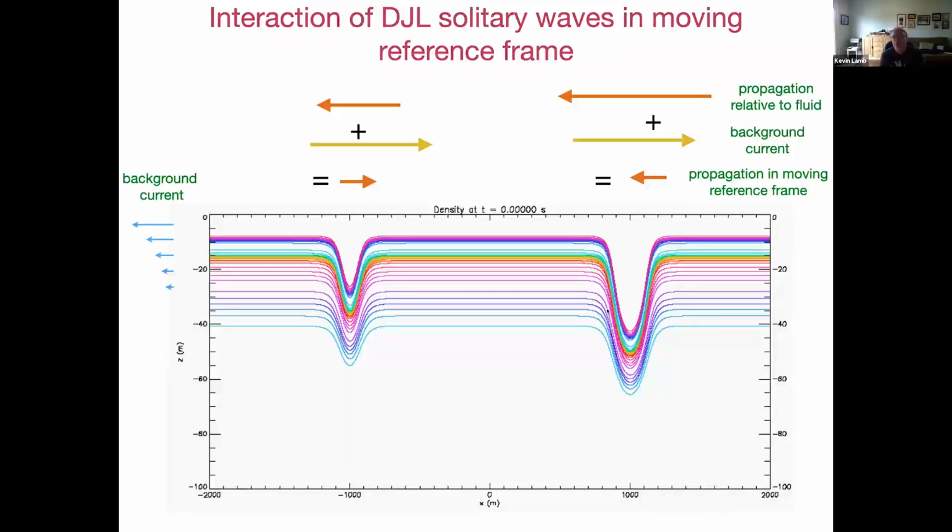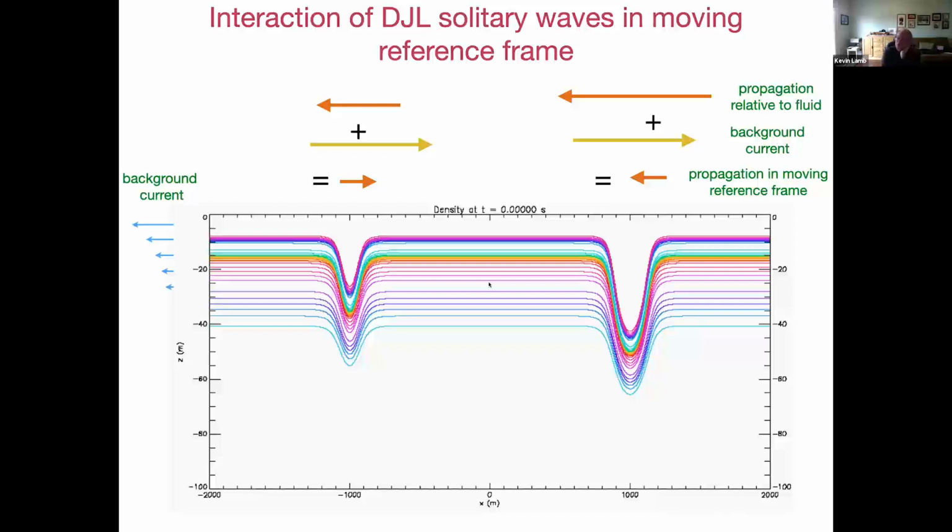These waves are propagating to the left through the fluid, as the orange arrows indicate, and I'm in a reference frame moving with the average propagation speed of the waves. So in this reference frame, the larger wave is going to propagate to the left. The smaller wave you'll see going to the right. So they'll interact at roughly the center of the frame.